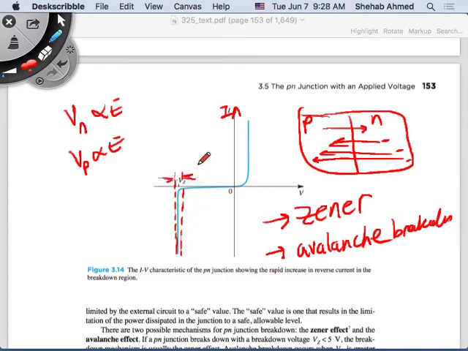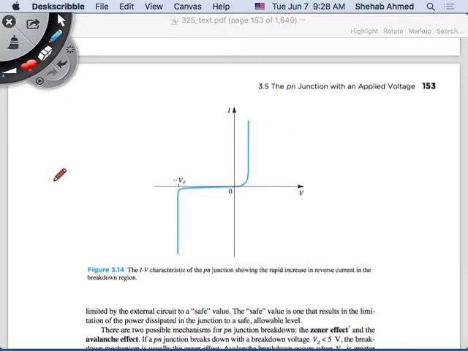You can reverse the operation. But this is moving like this. So beyond Vz, with a reverse voltage greater than Vz, you get very high currents due to this avalanche effect. Okay? This is not reversible. It will burn the diode. Okay, so this is not reversible. You cannot operate in avalanche mode.